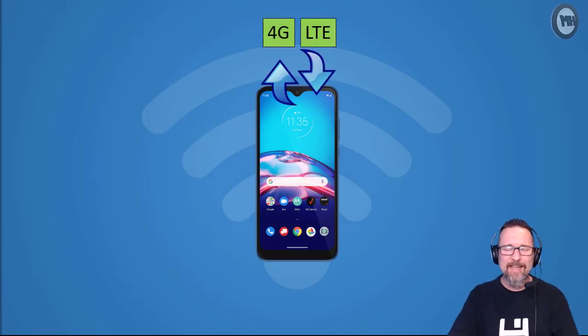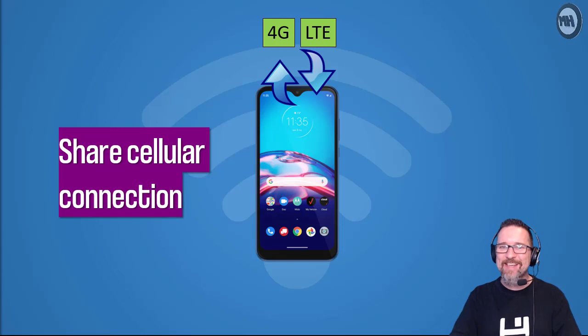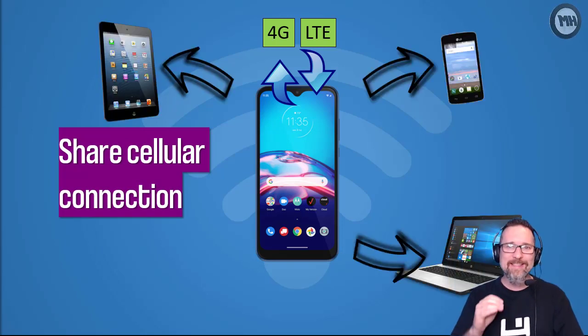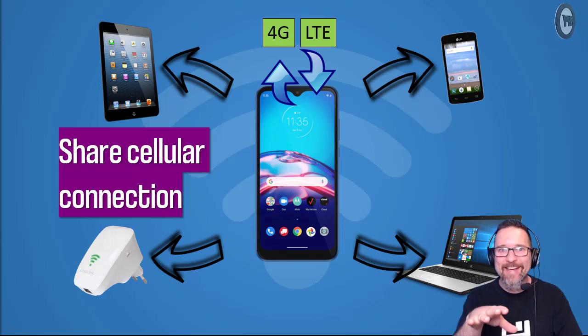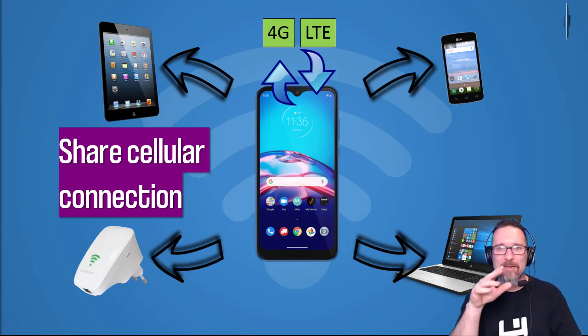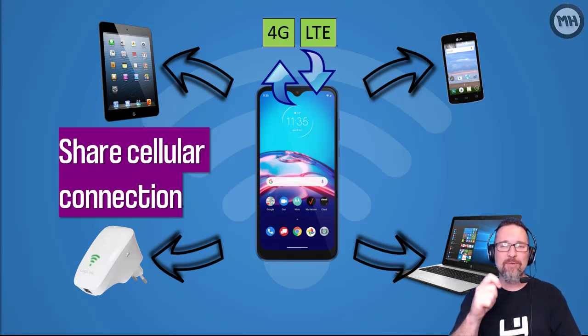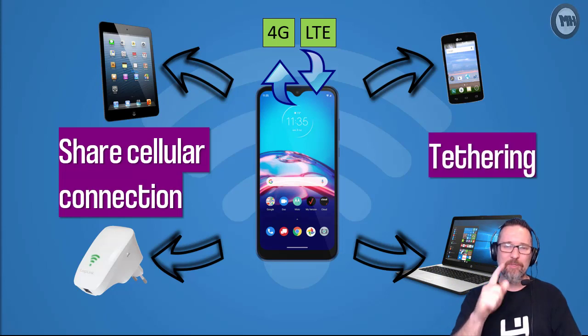Well, it involves using the 4G or LTE connection of your phone where you share the cellular connection. That means all other wireless devices can now connect to your device, and because you're sharing your cellular connection, they are now able to access the interwebs because of you.